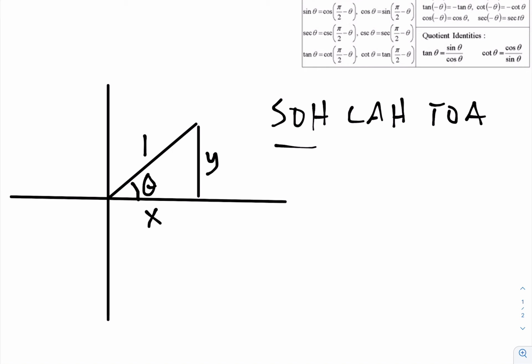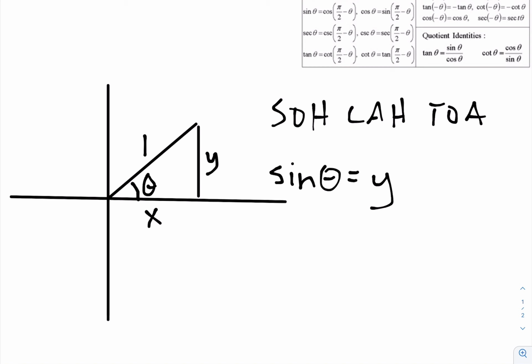Well, that's going to be sine, right? So the sine of our angle theta equals the opposite over the hypotenuse, which is just y over 1. And y over 1 is just y. So the sine of theta equals y on the unit circle.